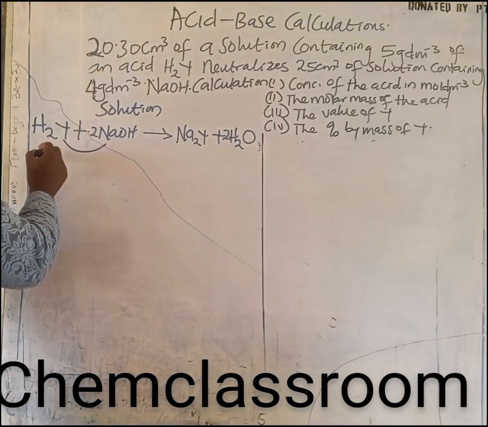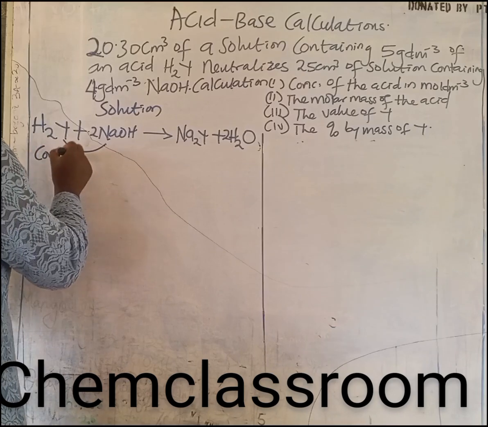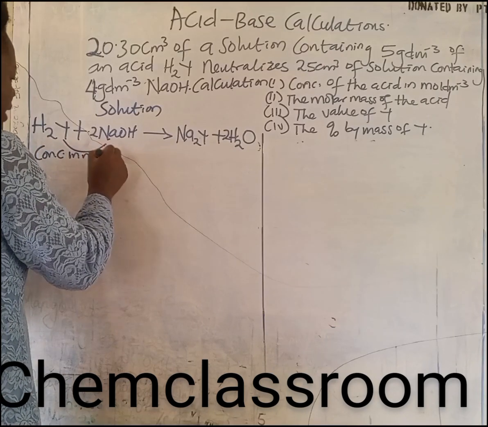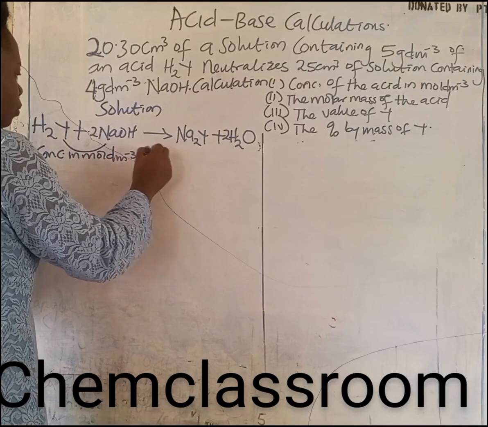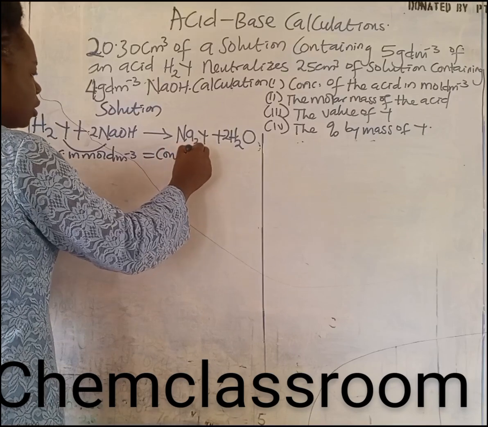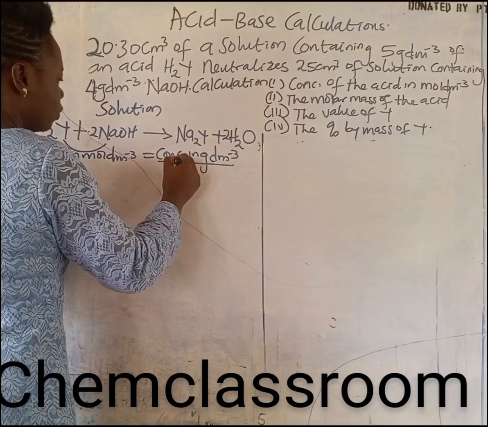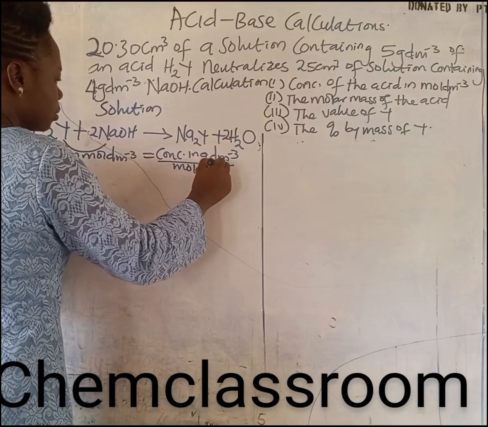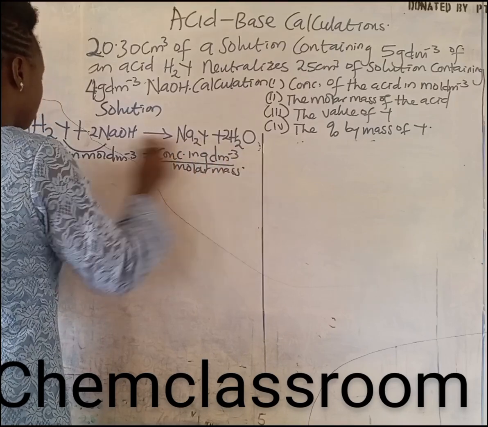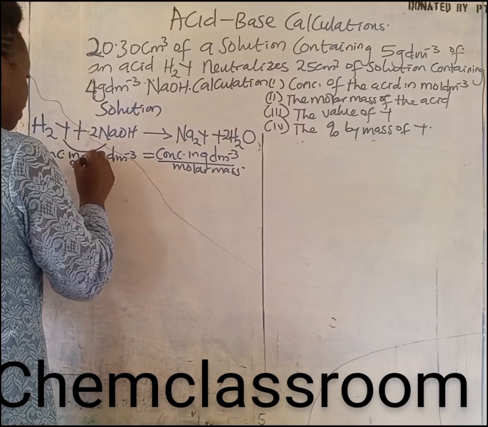So I'm going to use concentration in mole per dm cube equals concentration in grams per dm cube over molar mass. We are solving for the base.